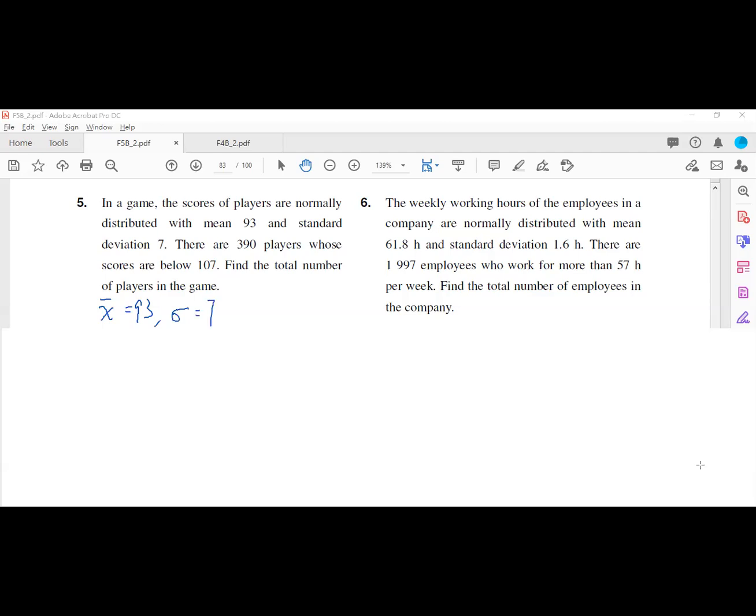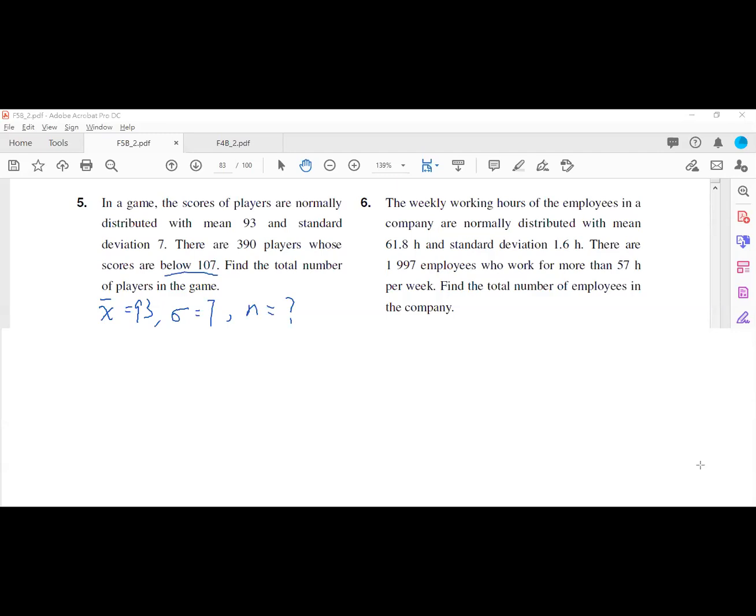And there are 390 players whose scores are below 107. Okay, find the total number of players in the game. So n is equal to what?